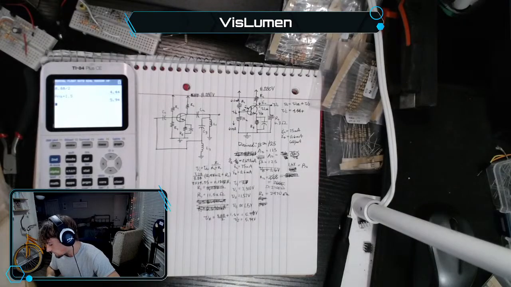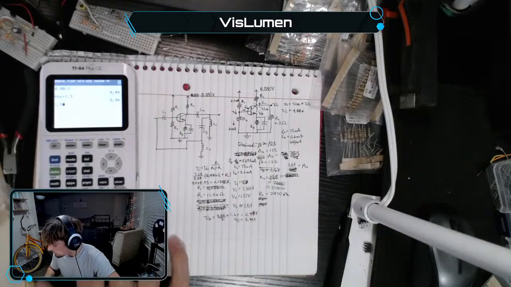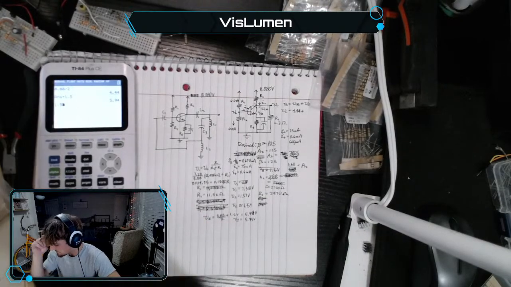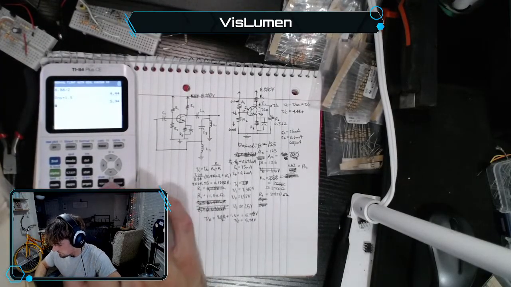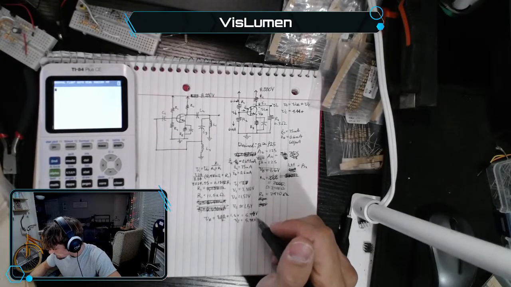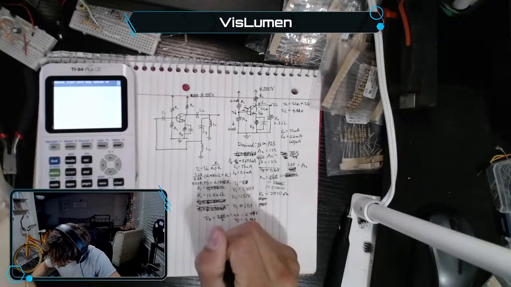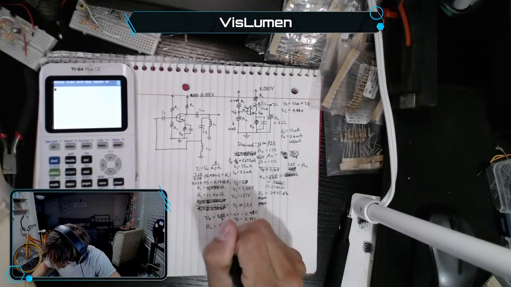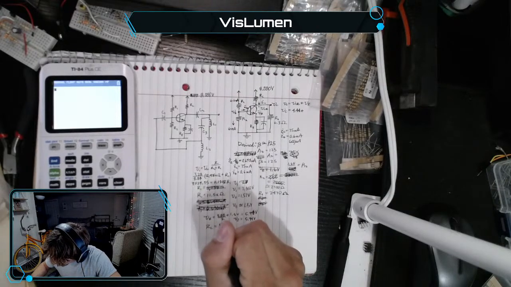Okay, so we know that VE, that's across there. Well, no, because I wanted to know that for the purpose of what? Oh, I guess to knowing what's across RC. So RC equals 5.94 volts divided by 75 milliamps.